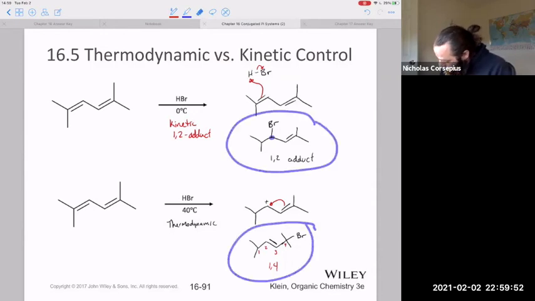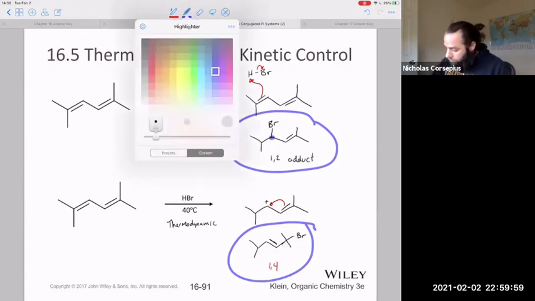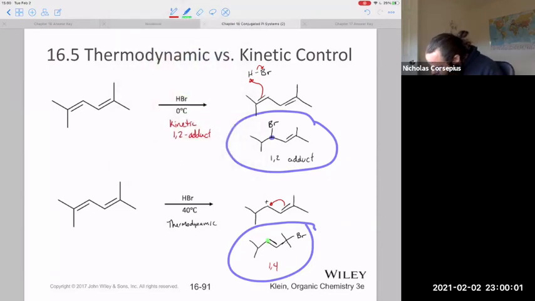And it's actually the 1,2 that is the more stable product, because look at this double bond here. This has 2 carbons, 2 hydrogens, and this has 3 carbons bound and only 1 hydrogen. So the 1,2 adduct is actually the more highly substituted alkene.